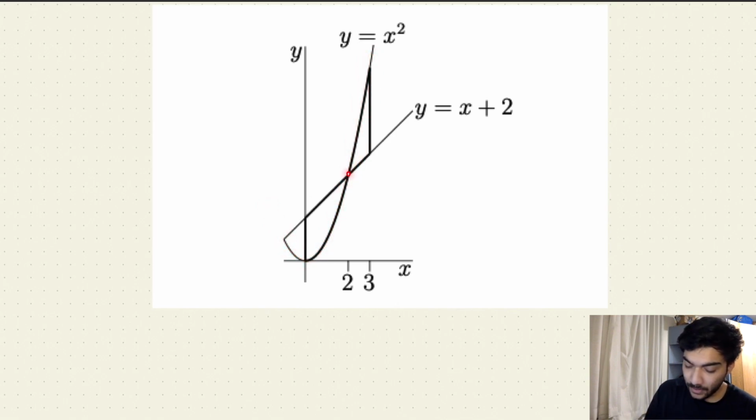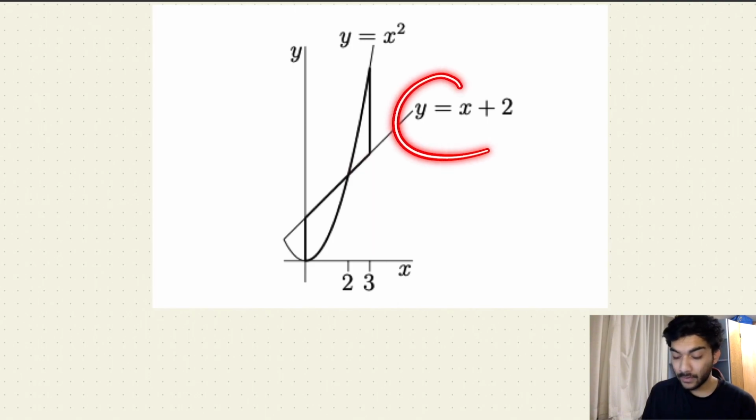You can clearly see that x equals 2 is an intersection point, and it is a breakpoint as well, because before x equals 2, the y values of the line function are greater than the parabolic function, but after x equals 2, the y values of the parabolic function are greater than the y values of the line function.